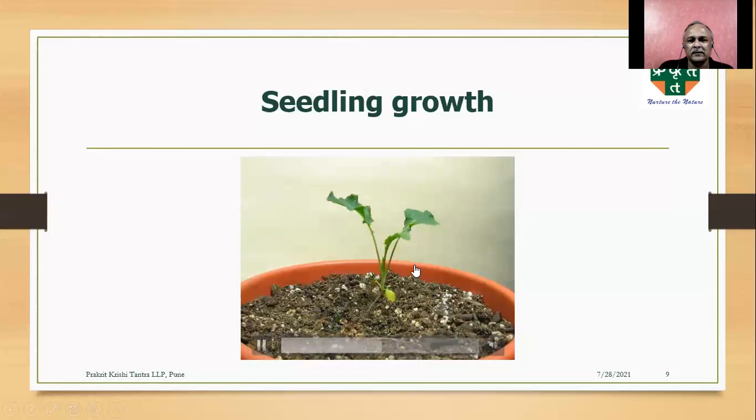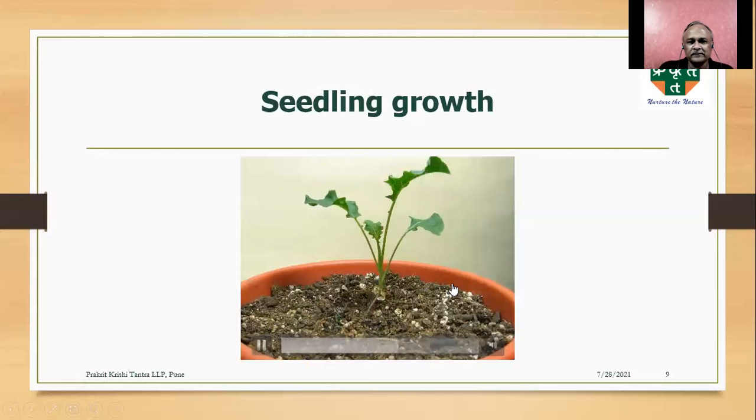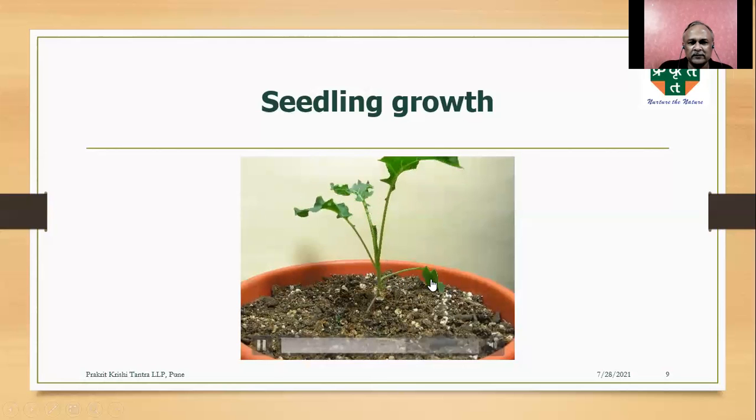And you can see slowly the stem is also thickening up and growing upward. Now this is the fourth leaf. This is the seedling of broccoli, and see, the first leaf is now drying up.